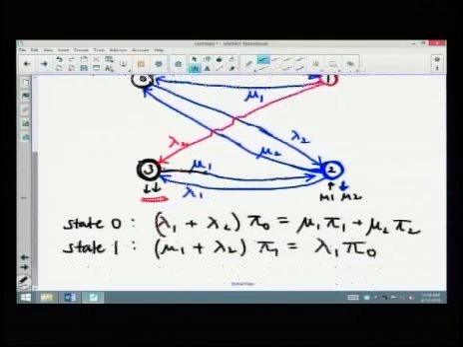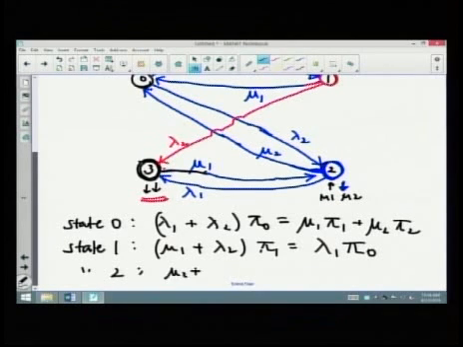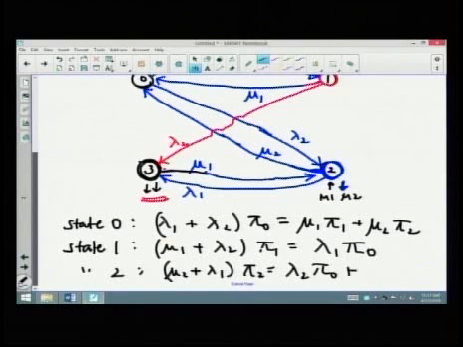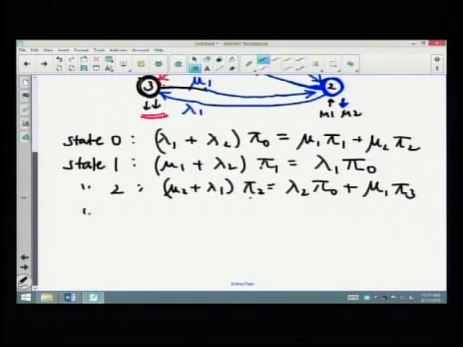So we just need to keep going. State 2, mu2 plus lambda 1 times pi 2 equals lambda 2 pi 0 plus mu1 pi 3. Is that right? And for state number 3, what do we have?